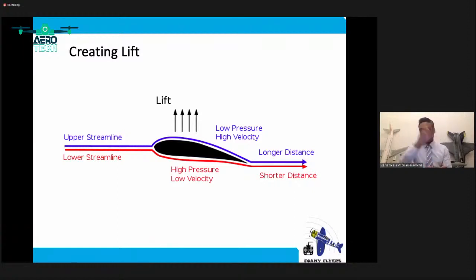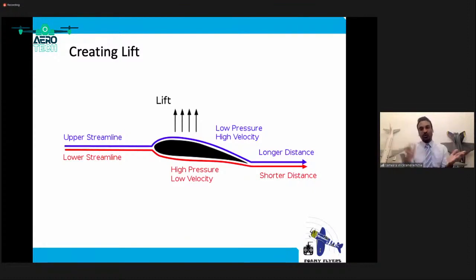So when the particles on the top of the wing go faster than the lower particles, you automatically create a vacuum. So the particles are less on the top of the wing than the bottom. That in turn creates a low pressure area. The speed of the particle is fast, but it has a low pressure area.